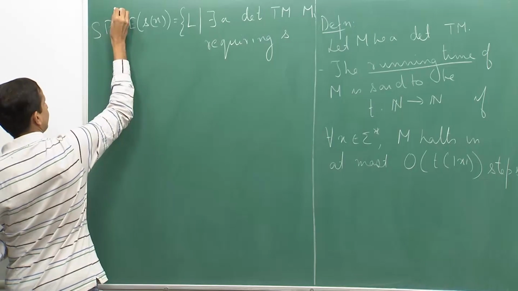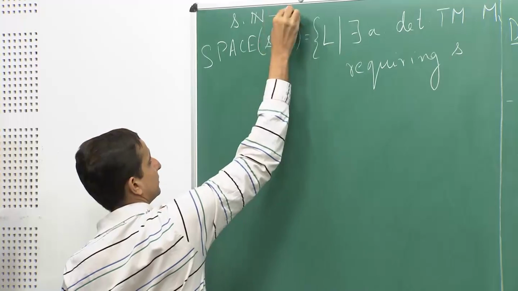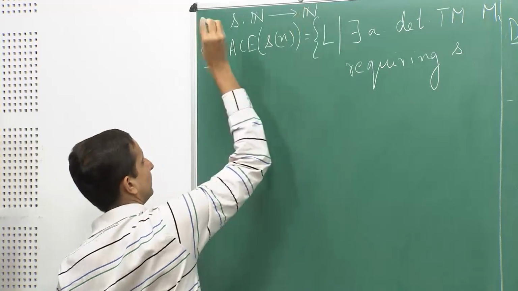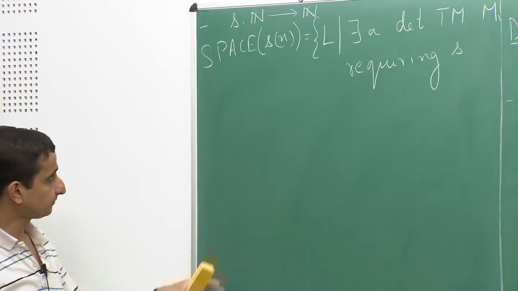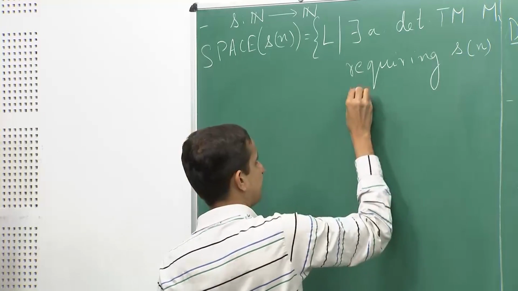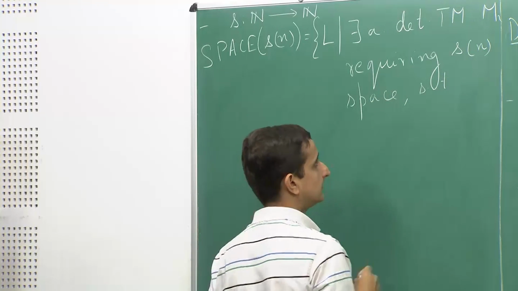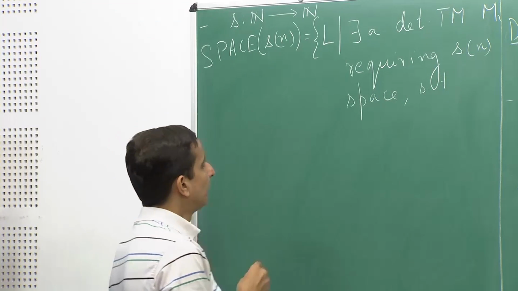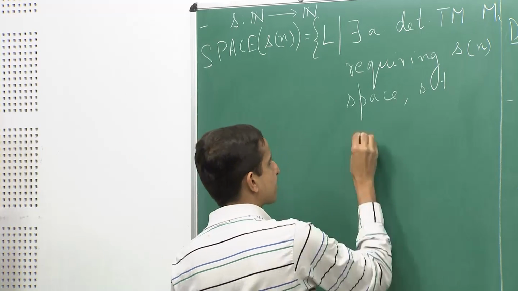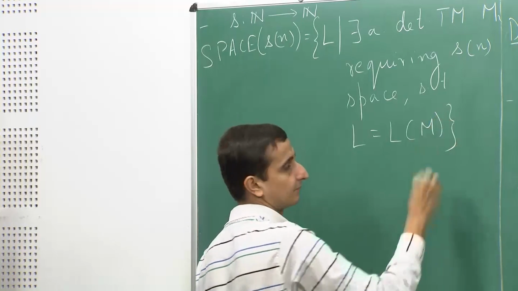Once again, s is a function from natural numbers to natural numbers. Okay. So, requiring s of n space such that L equals L of M. Okay.